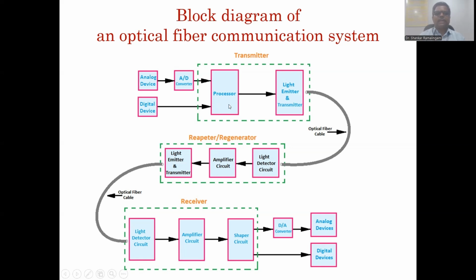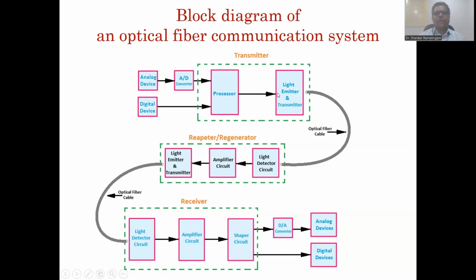Okay. So based on the ones and zeros values present in the information, this processor is going to give instruction to give out light signal or light pulse to the light emitter that is present in the transmitter. This light emitter can also be called a light emitter and transmitter.